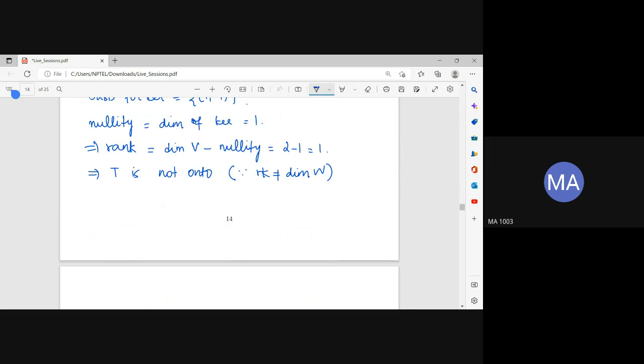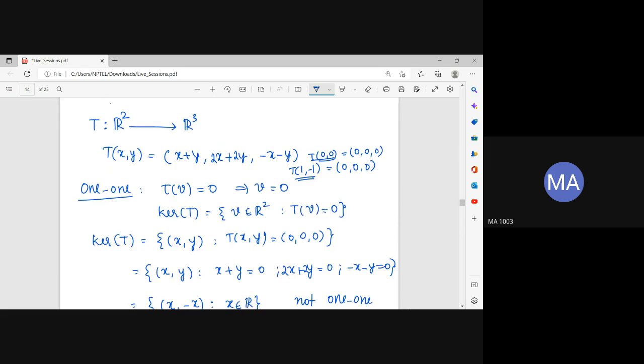It is not onto because if it is onto, then range is equal to codomain. Agree? So rank should be equal to 3, right, if it is onto. But that's not happening, no? We got rank is equal to 1, right? Yes, ma'am. So it is not onto.